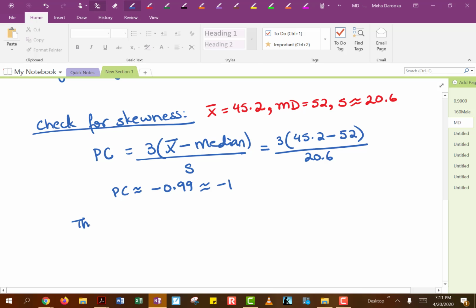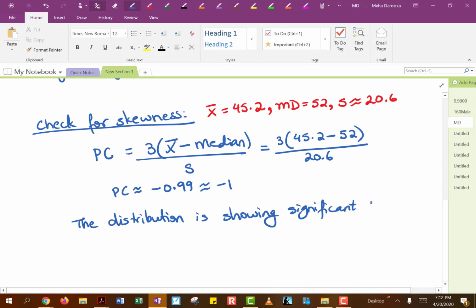So we will say the distribution is showing significant skewness to the left, which would basically mean negatively skewed.